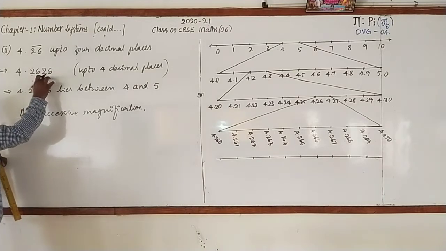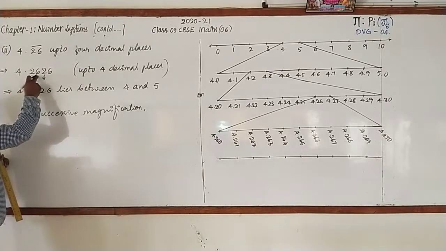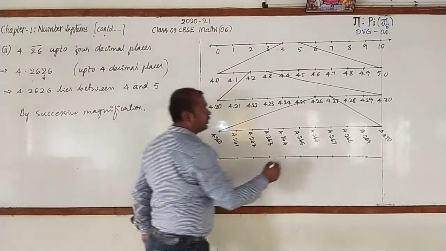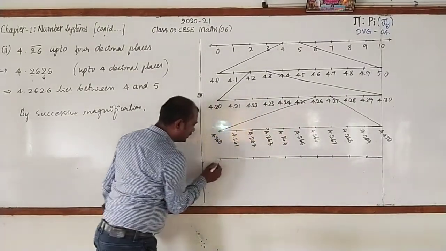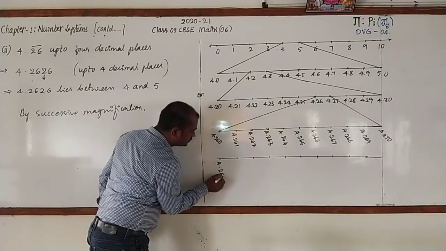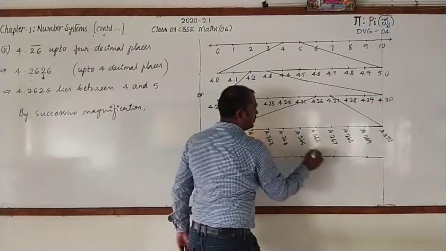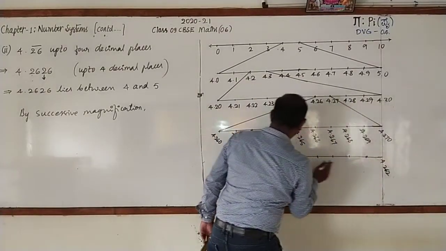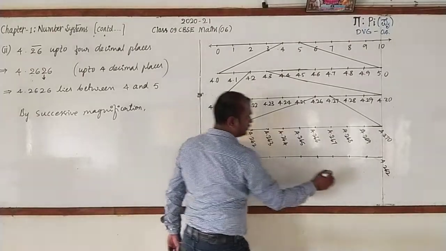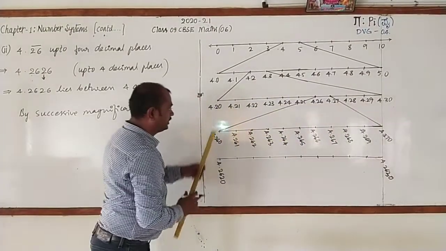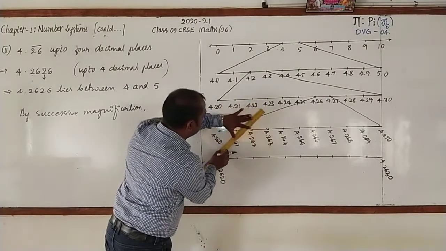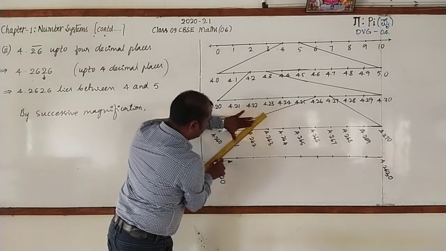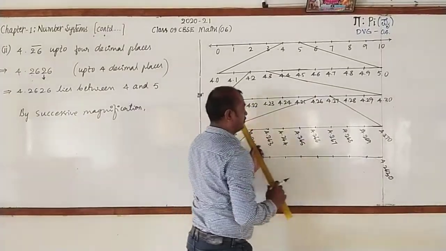Next, let us go for taking another digit, that is the third digit. It is 2. 4.262, then another one 4.263. 4.262 and 4.263 from this point. Here I'll write 4.2620, then 4.2630. Clear?